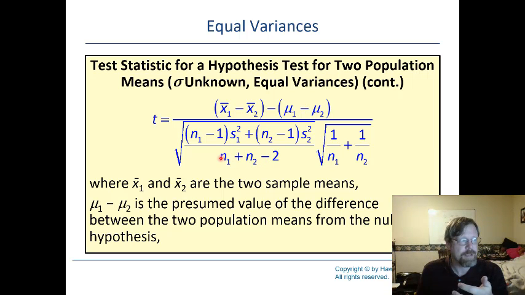It's kind of like a sum of degrees of freedom, if you want to think of it that way. Square root of that mess times the square root of 1 over the sample size of 1 plus 1 over the sample size of 2. It's a bit of a longer calculation. There's a bit more to do.